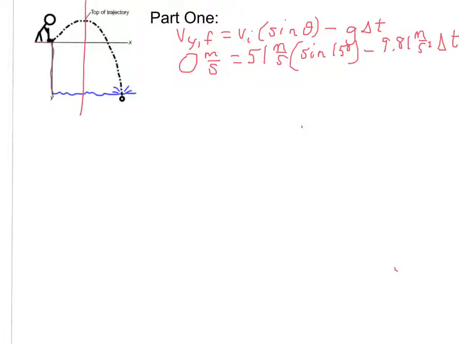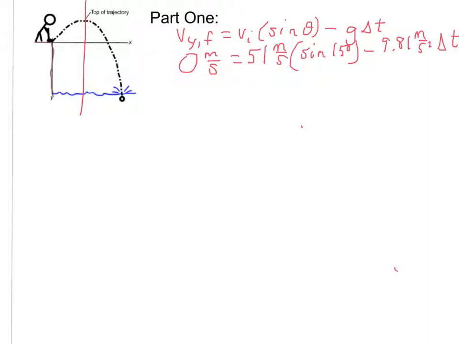Now, I'm going to let you work through the algebra on your own. Pretty much, it should be fairly simple. This is minus all of this. So the first step would be to multiply these two terms together, find sine of 15 degrees, multiply it by 51, then subtract this term from this side. It will be a negative whatever that is.